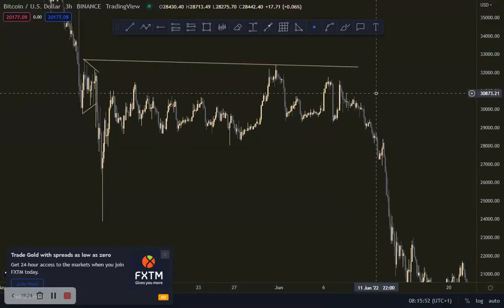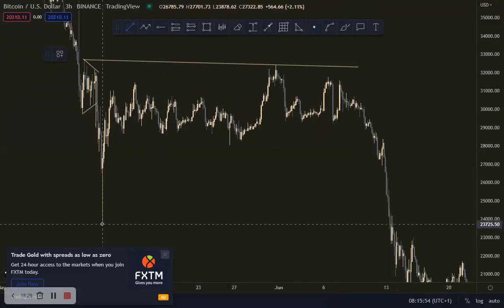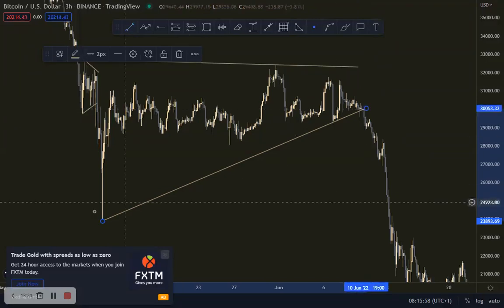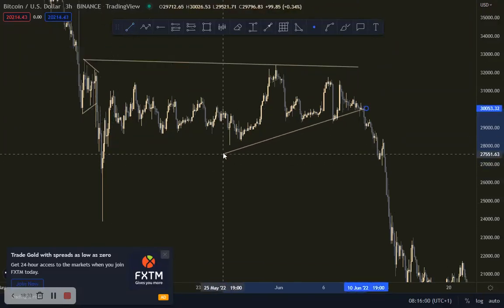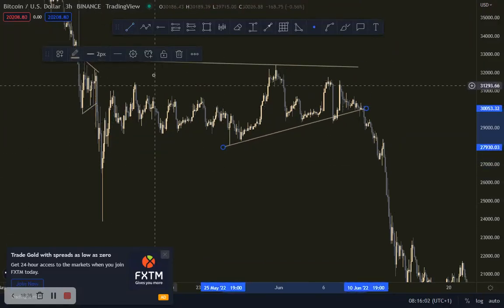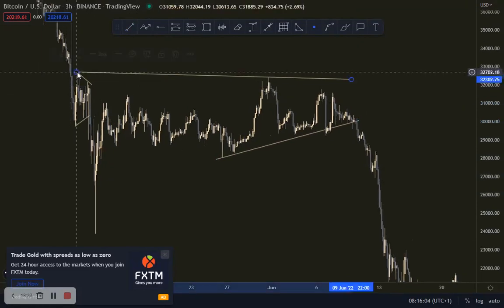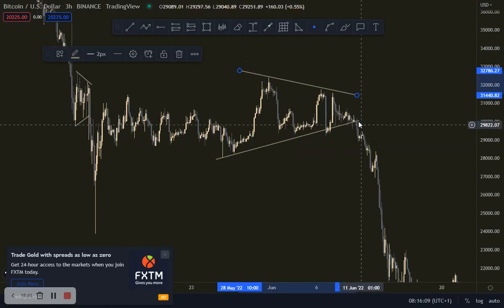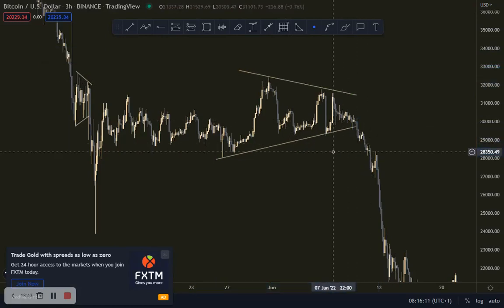So this actually looks like a triangle pattern, right? Or you could still adjust this to here and this to here. One thing you need to note, guys, is that price action is fractal.